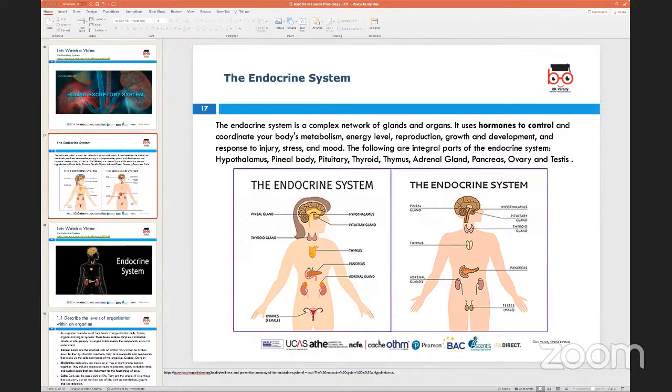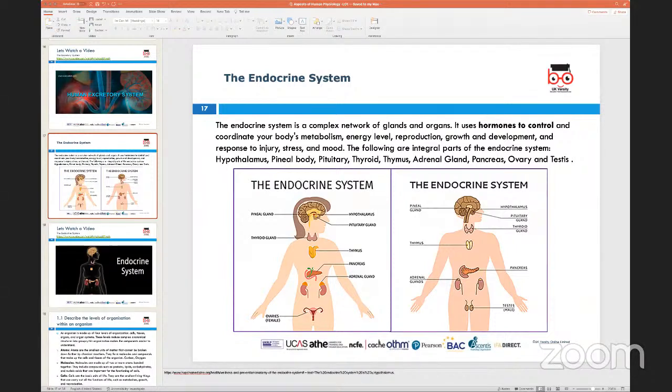When we differentiate between human males and females, there are components of this system which manifest differently. In females, we talk about ovaries and fallopian tubes, and in males, we talk about testicles and the penis in particular.